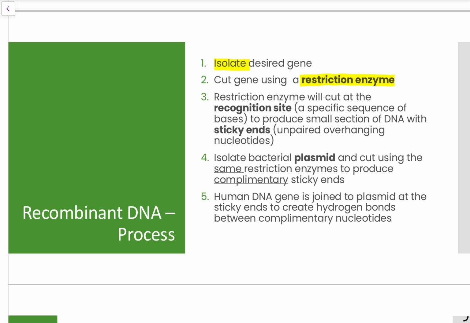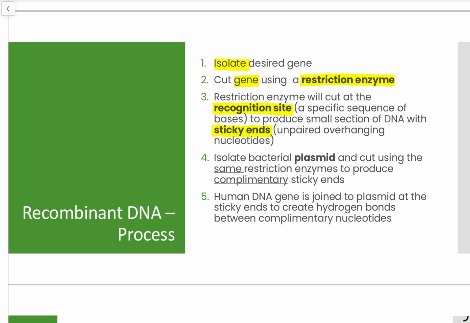Okay? We're not cutting the entire sequence of DNA, we're just cutting that particular gene. Okay? Now this restriction enzyme is only going to cut at a specific recognition site. Okay? And what it's going to produce, hopefully for us, is some sticky ends. So those ends which are overlapping. Okay?